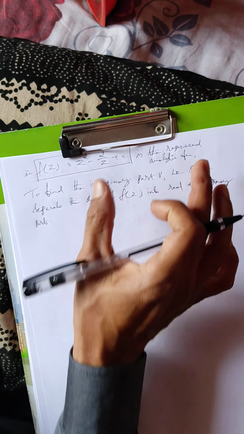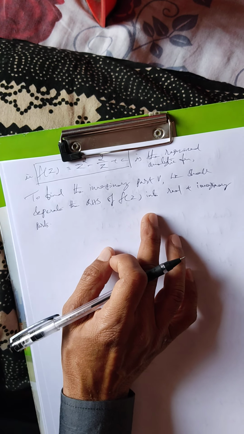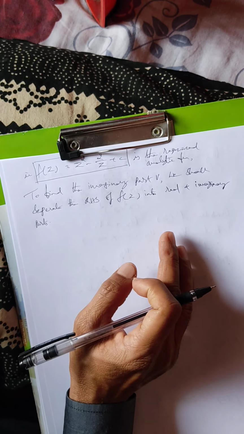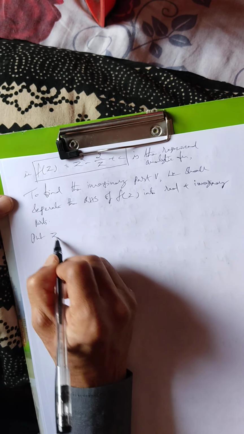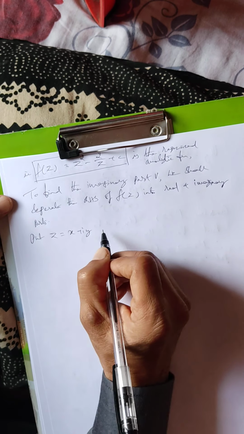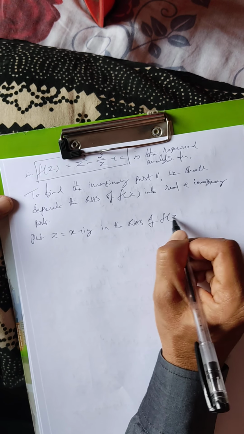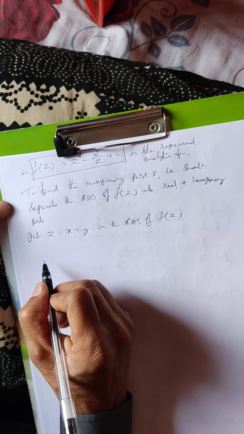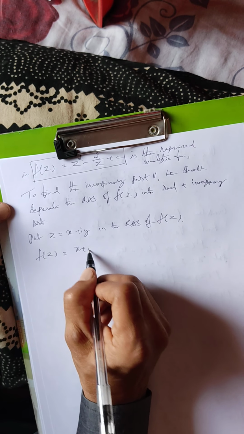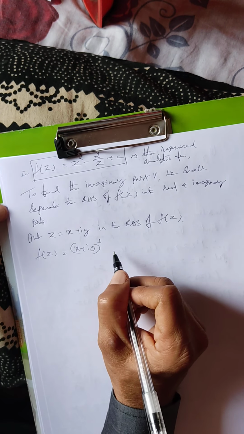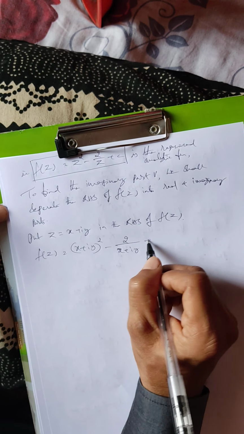In order to separate the real and imaginary parts, we substitute z is equal to x plus iy in the RHS of f of z. We get f of z is equal to x plus iy whole square minus 2 by x plus iy plus c.